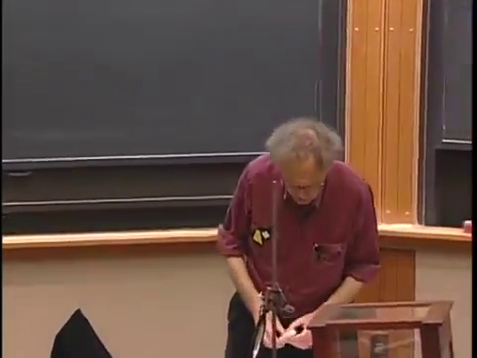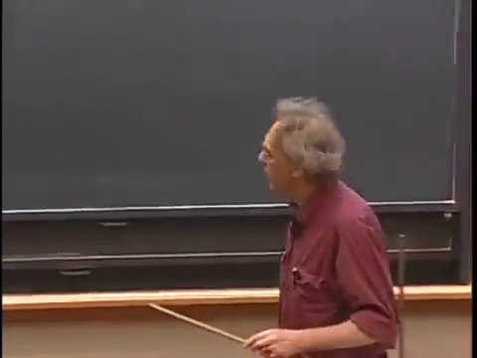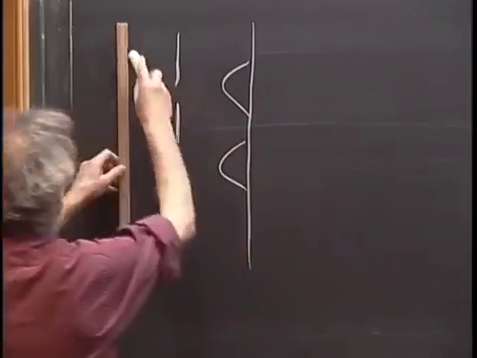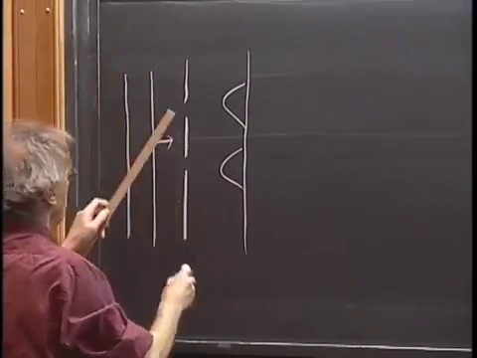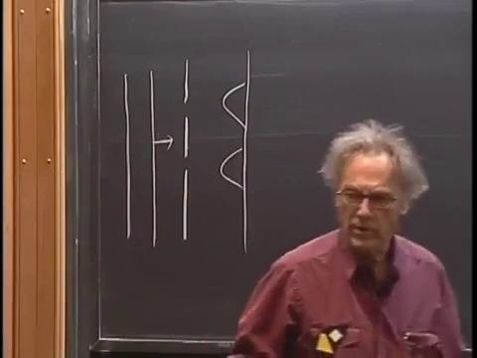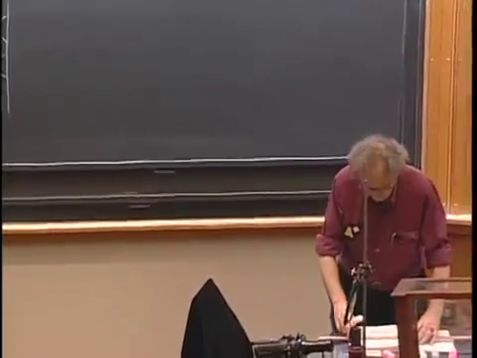But the situation is different when we deal with waves, because the moment that you have waves coming in, for instance, plane waves coming in like this, then the wave can go through both openings simultaneously, and that changes the picture quite dramatically.